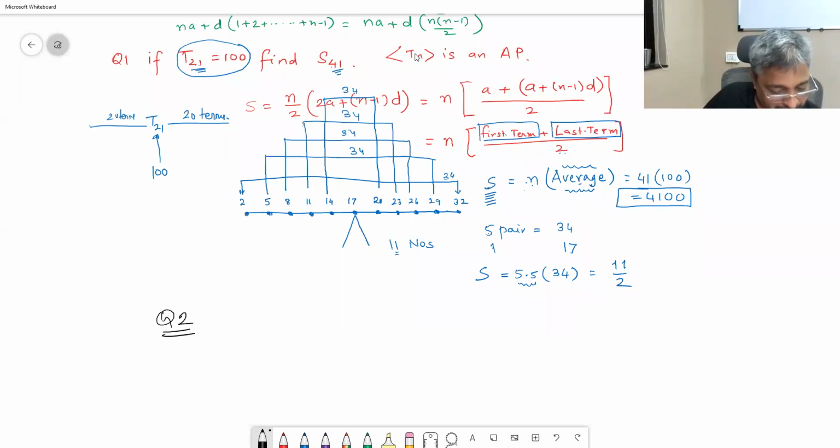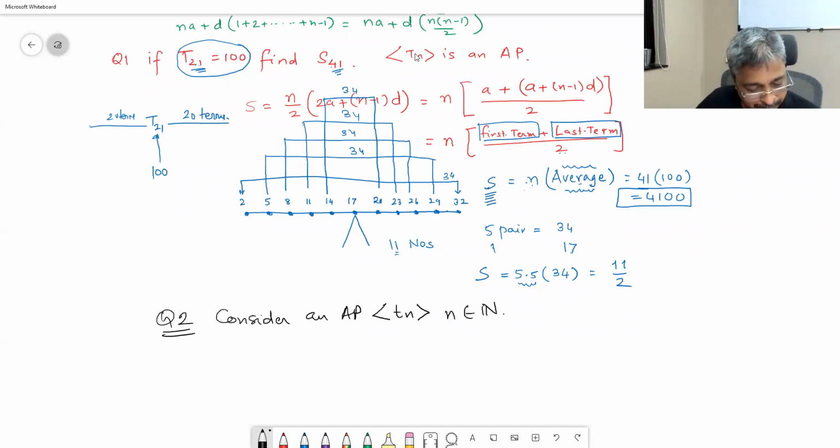Consider an AP, Tn, n belongs to natural numbers.